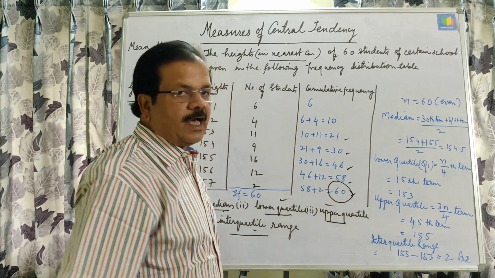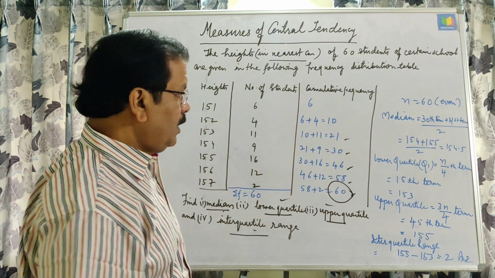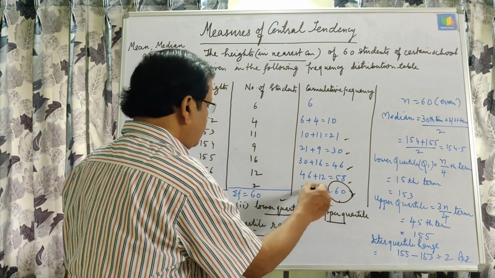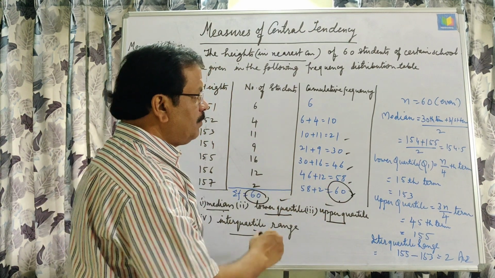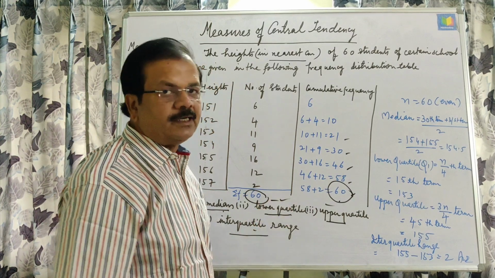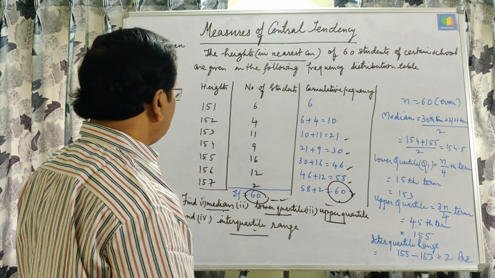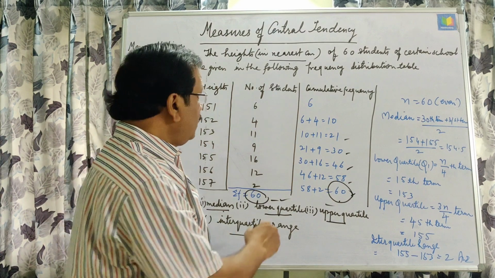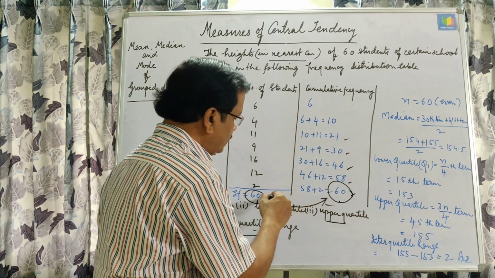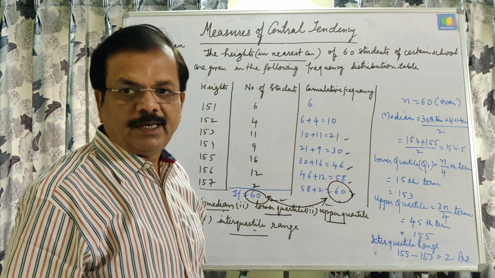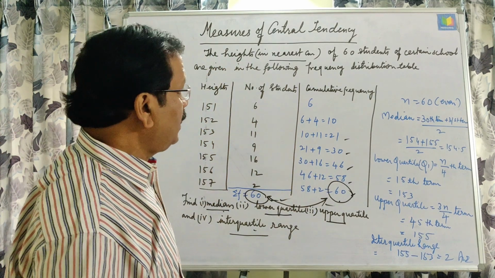Again, in the last row, we should see whether this is equal to the summation of frequency or not. Though this summation of frequency is not required here because we do not have to find the mean, we can calculate it just to tally, to check whether our calculation is correct or not.